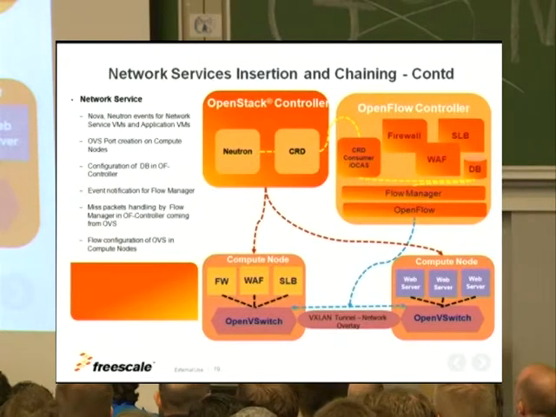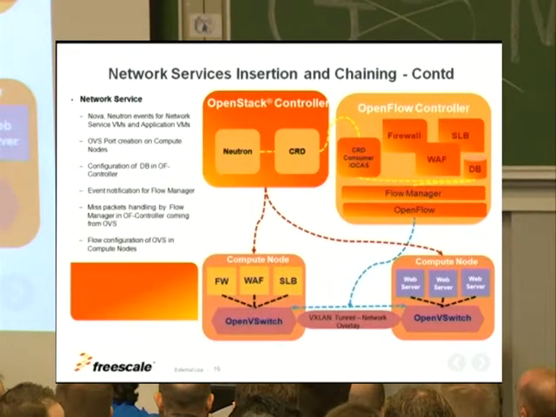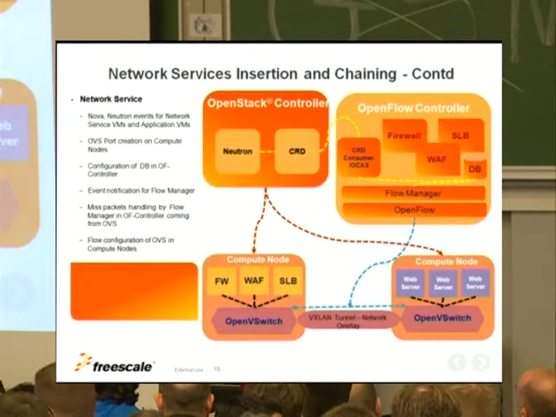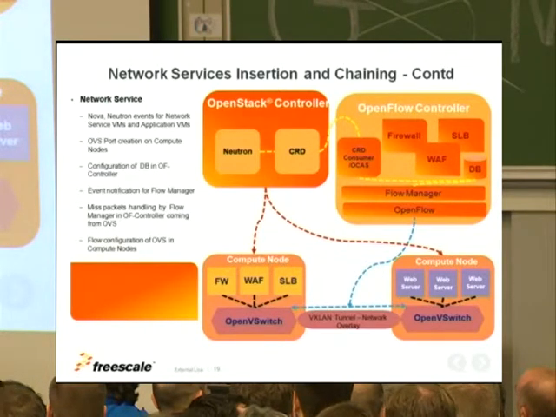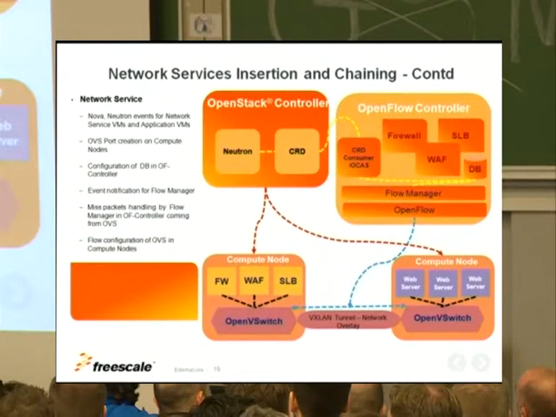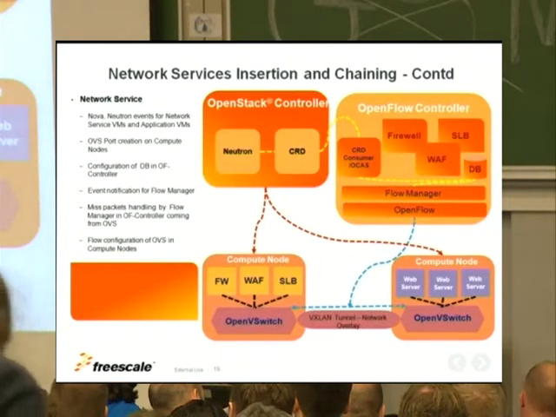So this is a high-level picture for network services. We have the OpenStack controller, we have the OpenFlow controller, and in the OpenFlow controller we have the Cloud Resource Discovery consumer and the OpenFlow controller application service. And we have a firewall, web application firewall, and a server load balancer. We have the DB where we configure all the data captured from Neutron and Nova through the Cloud Resource Discovery.